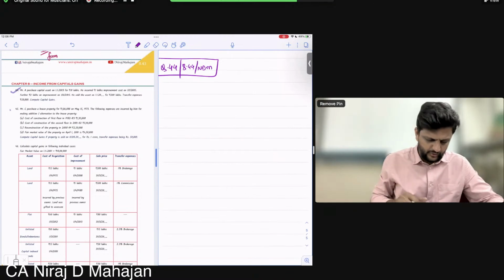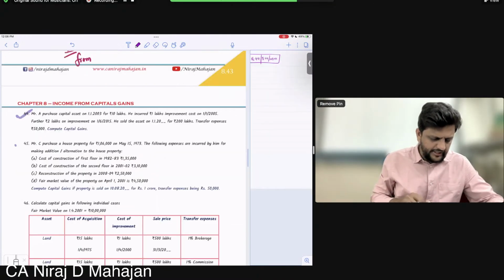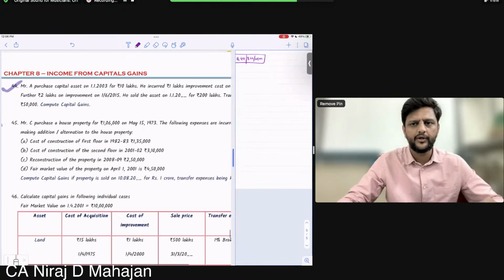Chalo. Mr. A purchased a capital asset on 1/1/2003.